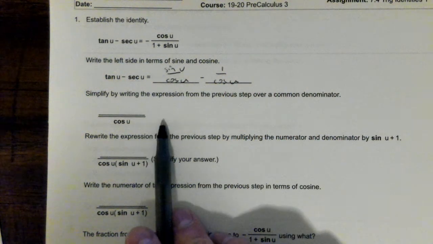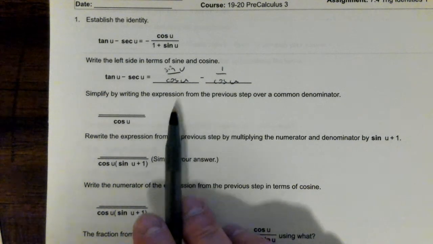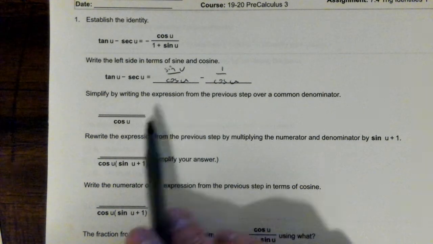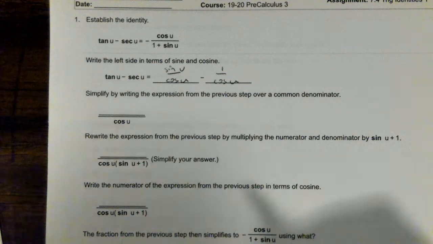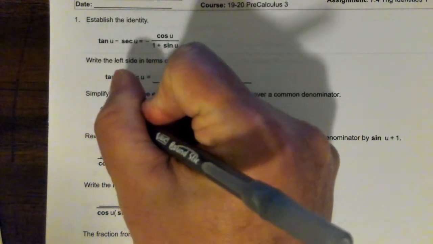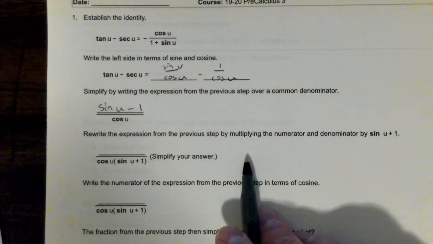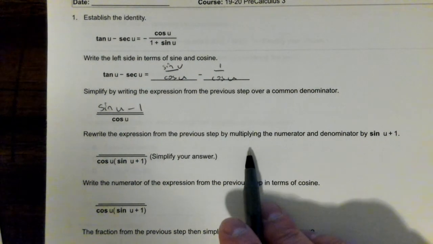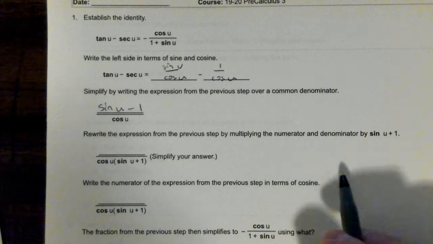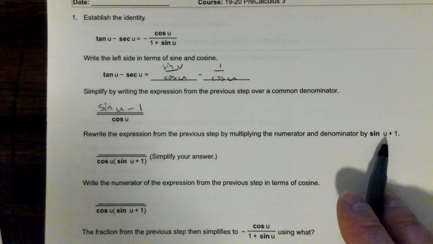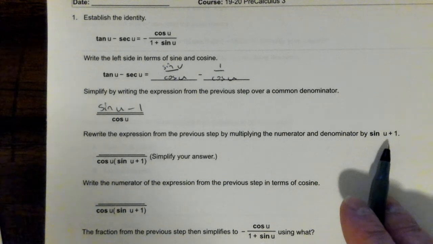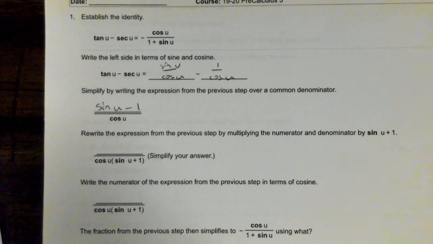Then it says simplify by writing it over a common denominator. You keep your cosine on bottom, and then you put sine u minus 1. And then it says rewrite the expression by multiplying the numerator and denominator by sine of u plus 1. So basically the opposite.